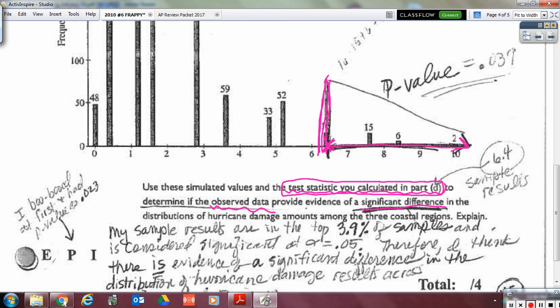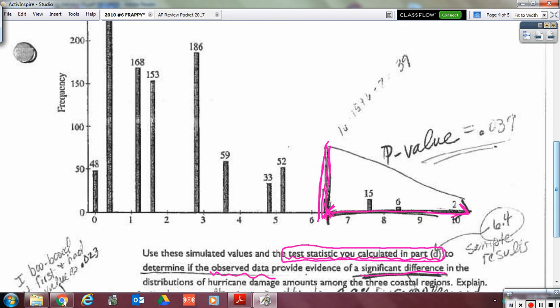So the probability of getting 6.4 or higher, I count how many items had that. There were 16 items plus 15 items plus 6 items plus 2 items for a total of 39 out of 1,000 items that had that.